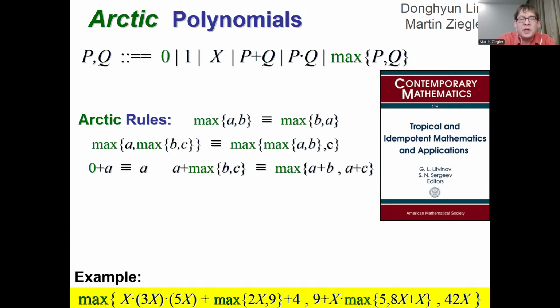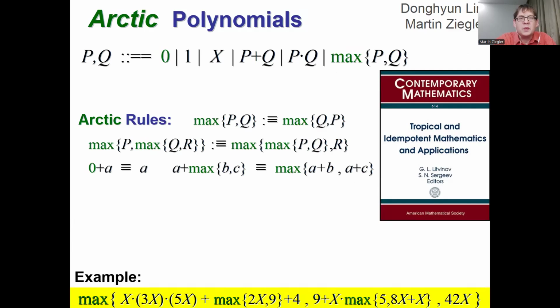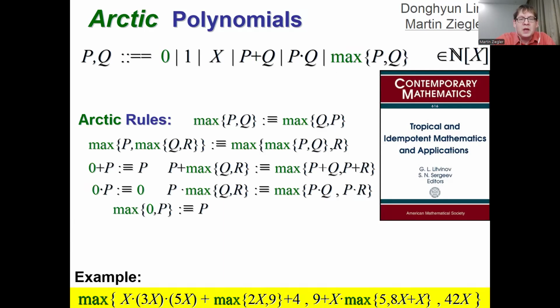And we already recorded syntactic properties satisfied by the maximum operation, which will now turn into axioms, syntactic axioms for Arctic polynomials, which will be helpful later. So here is our syntactic definition of Arctic polynomial.